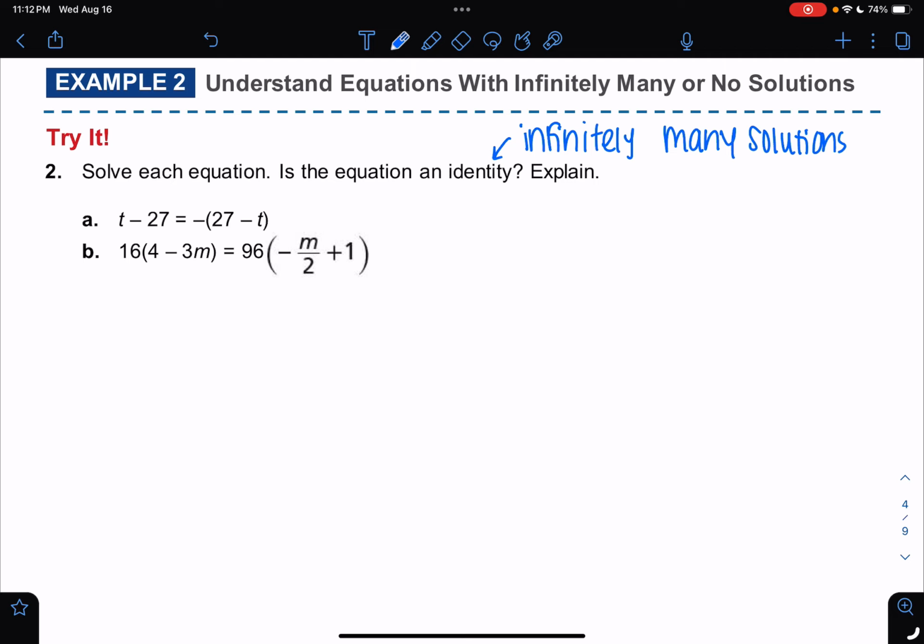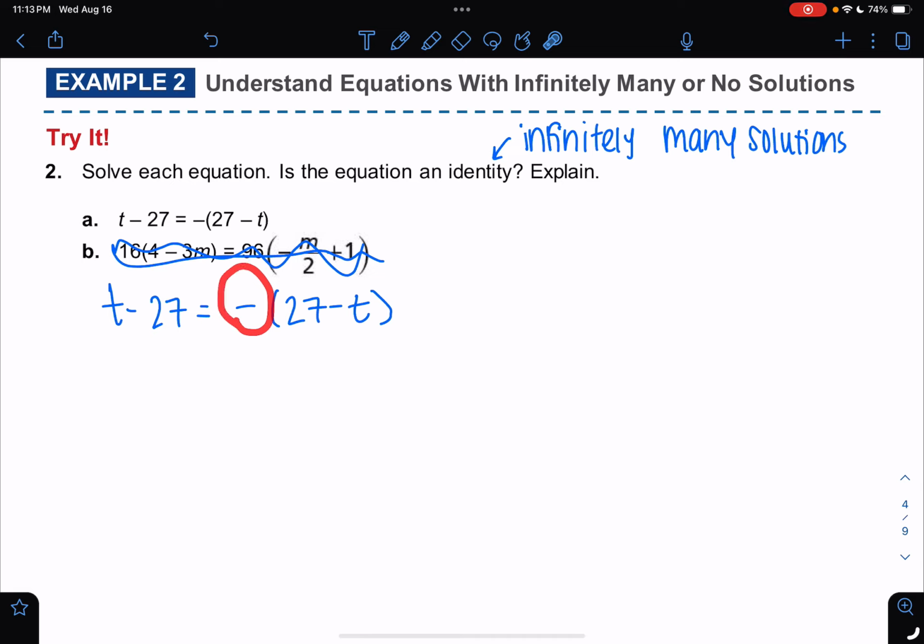Part A is here. So I've got t minus 27 equals that. All right, so the first thing I want you to know is when you have something that looks like this and you have that negative attached to the parentheses here, just look at that negative as an invisible -1, right?